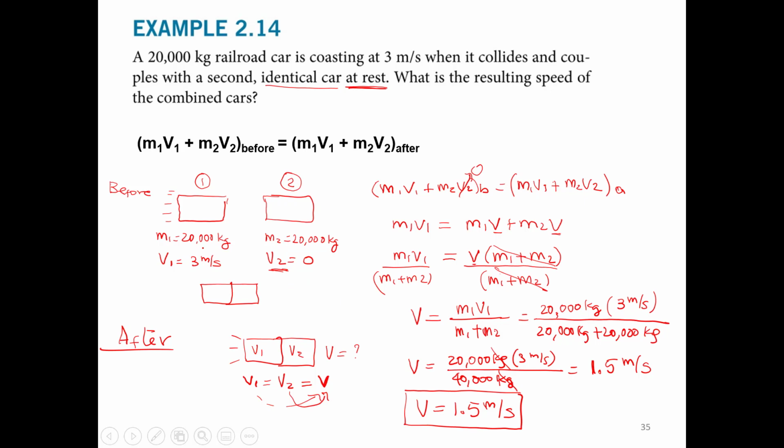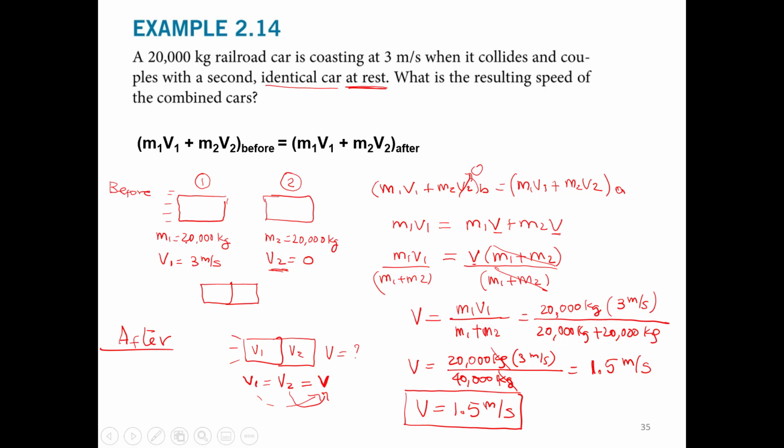According to the conservation of momentum, the momentum lost by one car is gained by the other one. In this case, because the mass now is twice the original mass, the velocity is going to reduce by half.